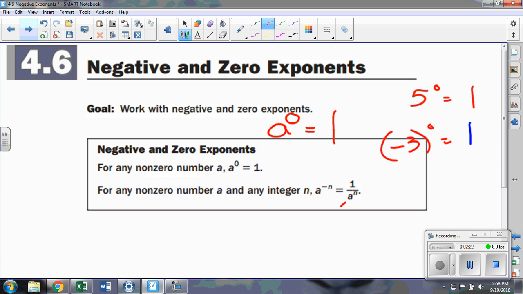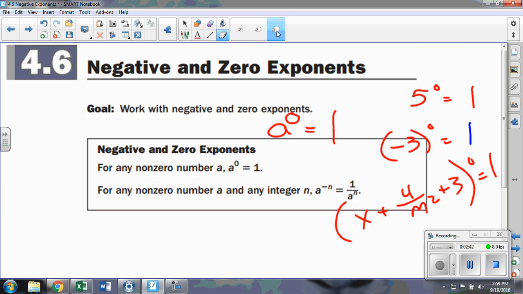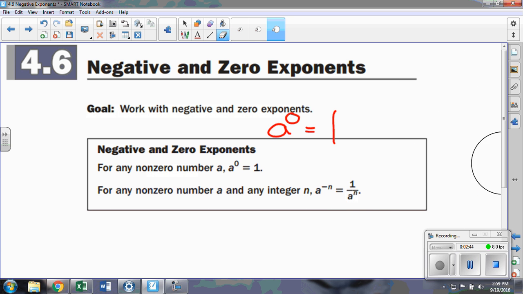You can have even really crazy stuff to the 0 power, and as long as that stuff isn't 0, it's 1. Really, really straightforward. Anything to the 0 power will equal 1. You just have to remember that particular rule.